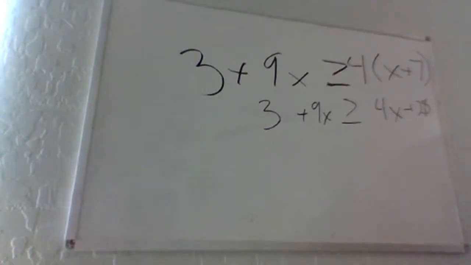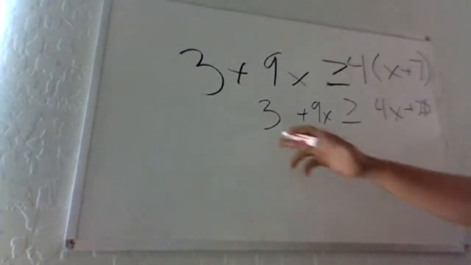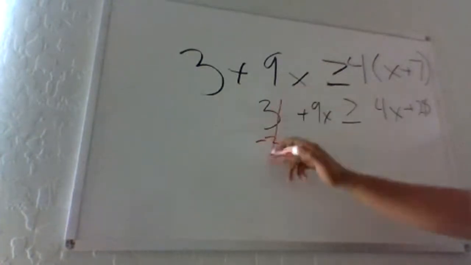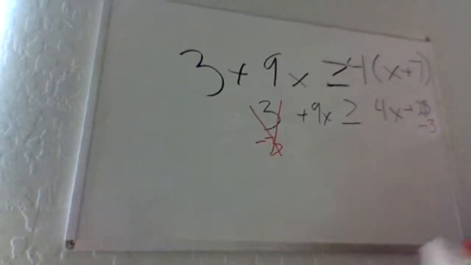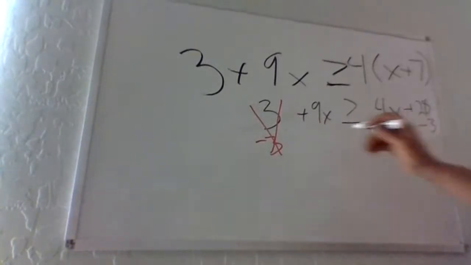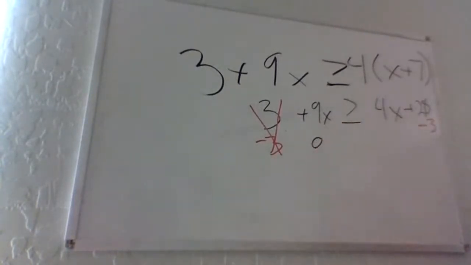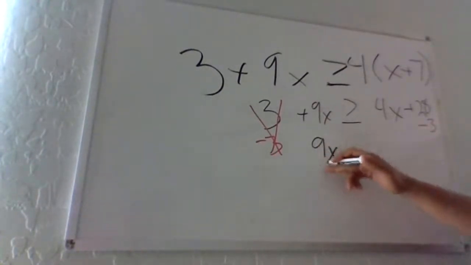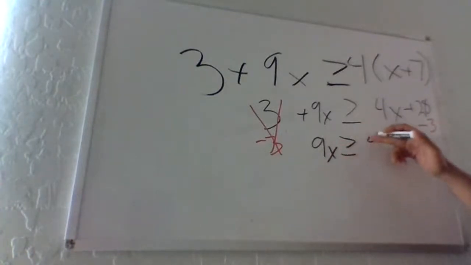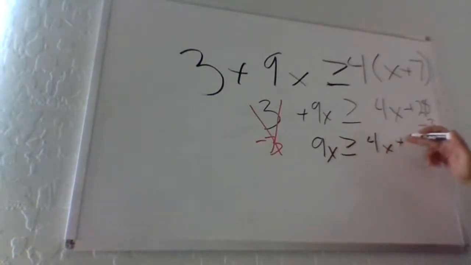So it's going to be negative 3. So let's go ahead and rewrite that. You got what? I think 25. Okay, so 9x is greater than or equal to 4x plus 25.